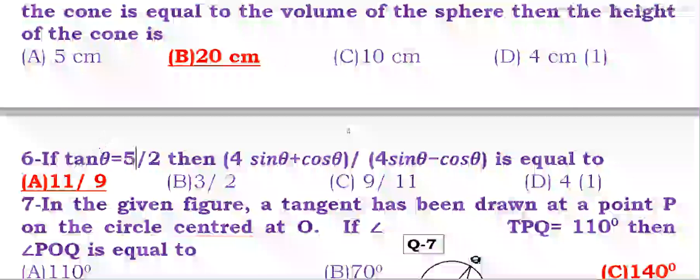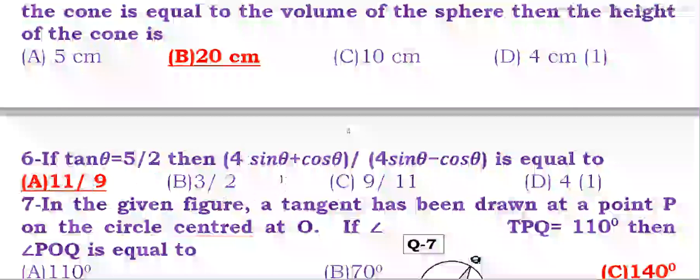Tan theta is 5 by 2. We can calculate the value of sine by putting this value: sine will be 5 by root 29 and cos will be 2 by root 29. Then putting the values in the expression, the answer will be 11 by 9.